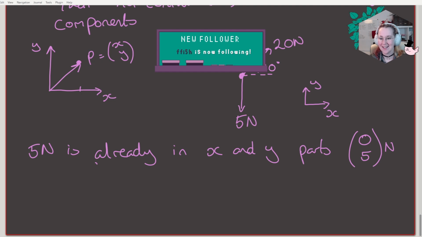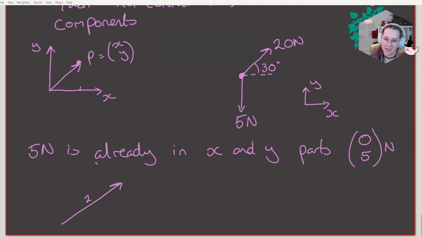Welcome in. So this is where that trig comes in. We have 20 newtons here, right? So we have a magnitude of 20. And we have an angle of 30. And I told you that an arrow is so much in the x direction and then so much in the y direction. And we do the same thing right over here.